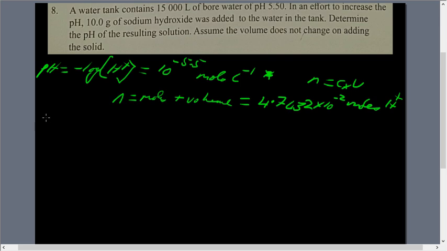Okay, let's turn our attention to the hydroxide, or the N hydroxide. We're told that N equals mass on molar mass, which is equal to 10 on 39.998.